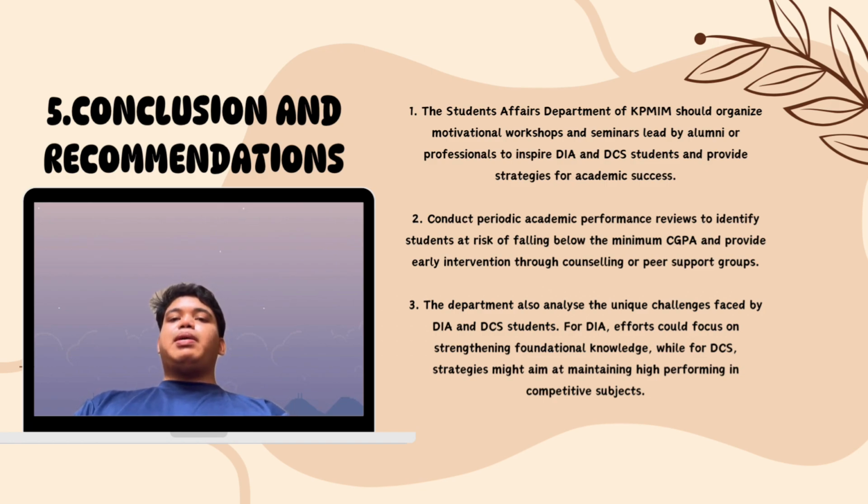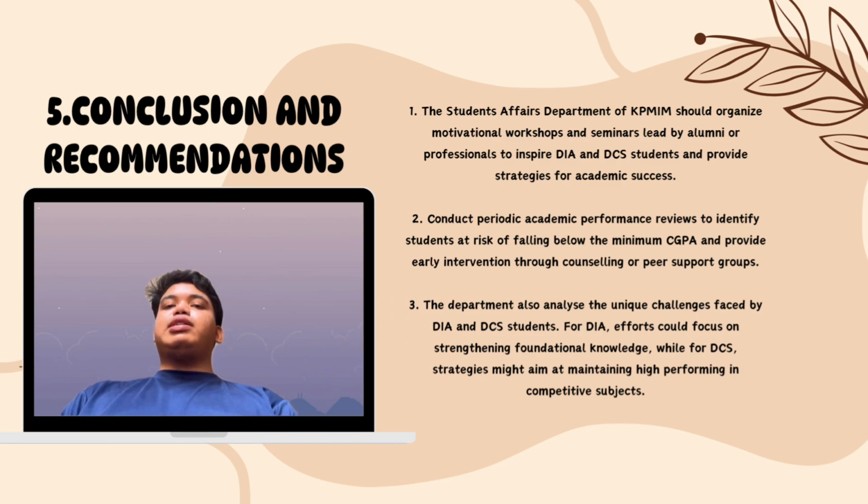Third, the department should also analyse the unique challenges faced by DIA and DCS students. For DIA, efforts could focus on strengthening foundational knowledge, while for DCS, strategy might aim at maintaining high performance in competitive subjects.